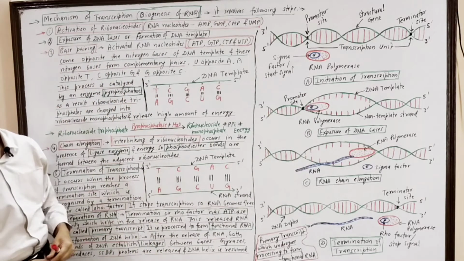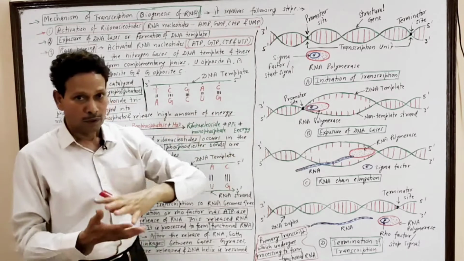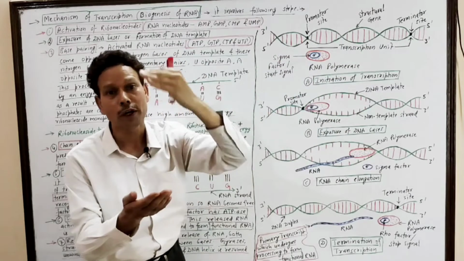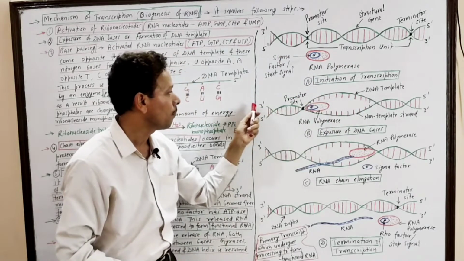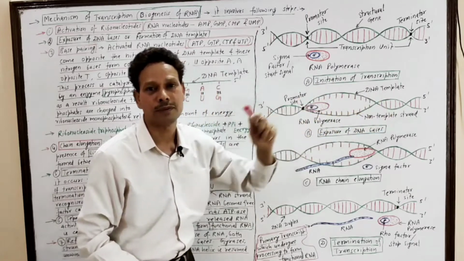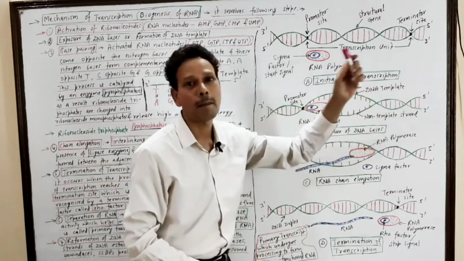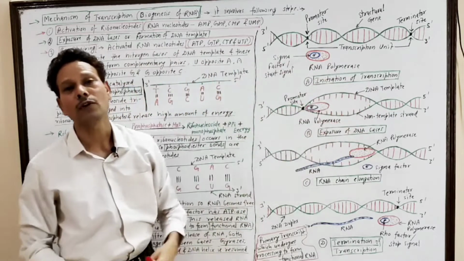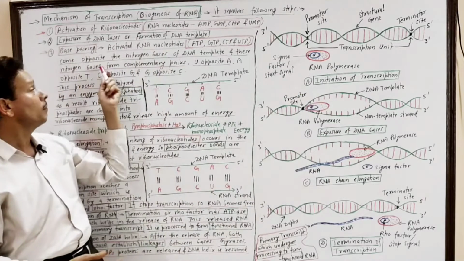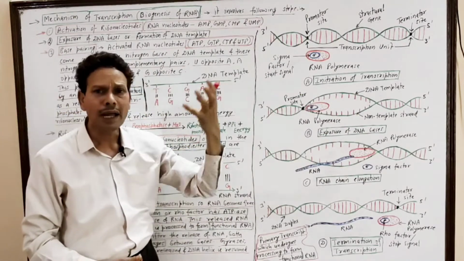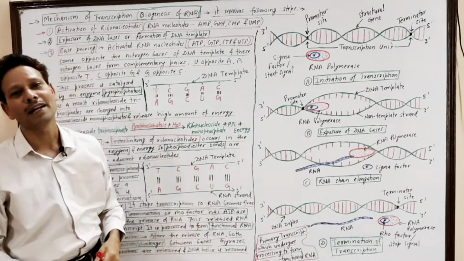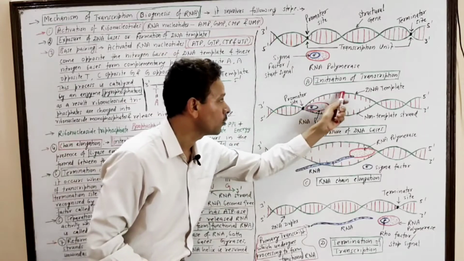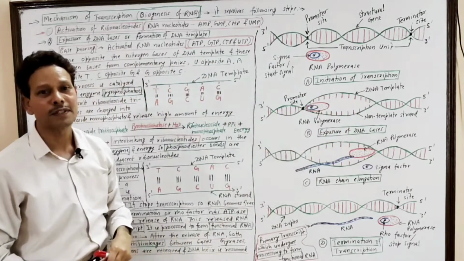Third step is base pairing. Note down, this is the DNA duplex, and the RNA formation occurs on only one strand of DNA having a polarity of 3' to 5'. This strand acts as the DNA template. These are exposed nitrogen bases. In this third step, base pairing, the activated RNA nucleotides come opposite to the exposed nitrogen bases of the DNA template.